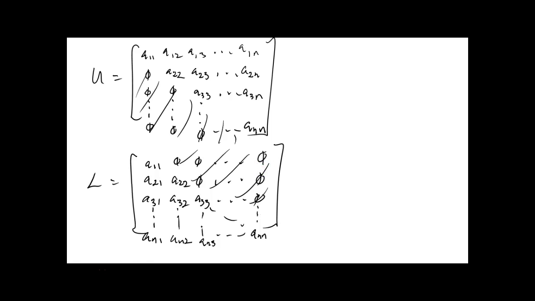Now, as it said, if you had one that was both upper and lower triangular, then what you have is a diagonal matrix.